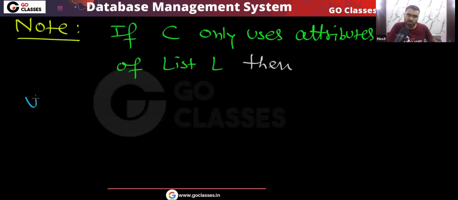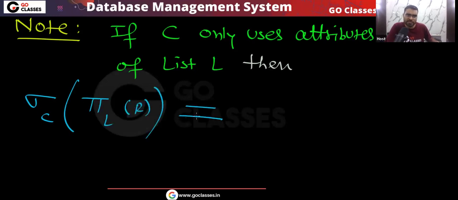In this situation, pi L sigma C R will be same as sigma C pi L R.